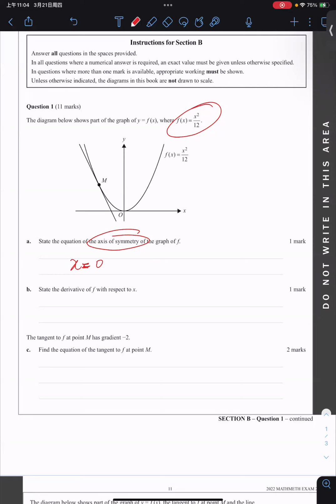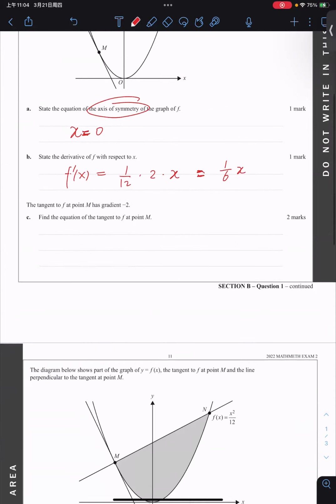When we're doing the power function, dy/dx, which is f'(x), would be: keep the coefficient and move the index down, and then the index minus 1. 2 minus 1 is just 1, so we just maintain the x. 1 over 12 times 2 is 1 over 6 x.